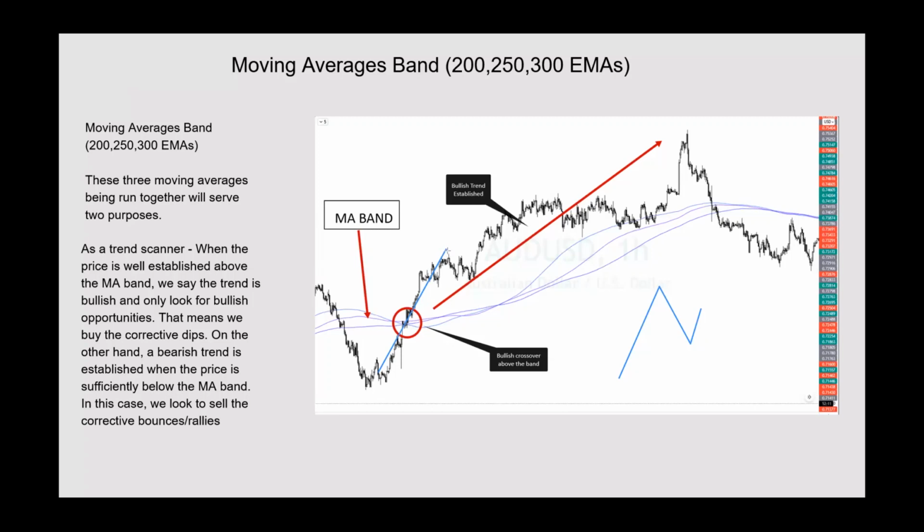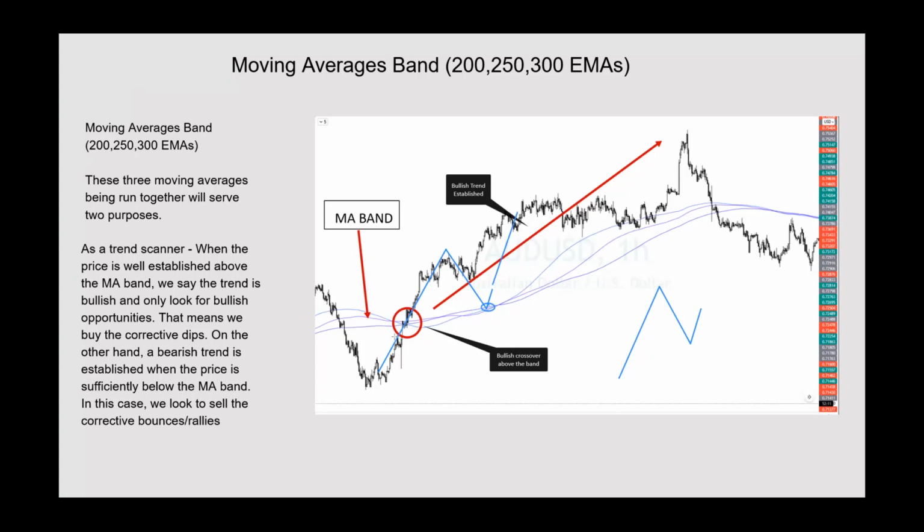The next thing we wait for is the price to come back and touch any of these bands, whether the three of them or one, or just a little bit below, and then quickly push up. If you have something like this, then we can say this is the end of the correction, and then we can look for a buying opportunity.